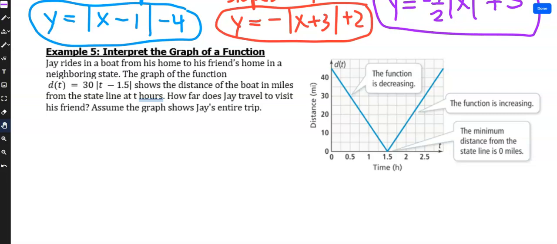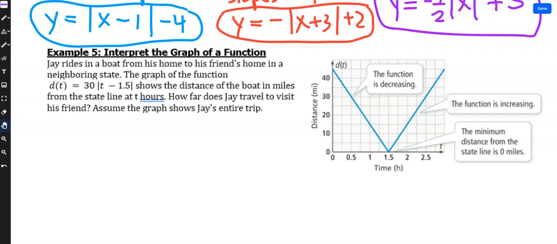In the picture, you can see that it's decreasing on the left side and increasing on the right side, past 1.5. Well, looks like Jay traveled an hour and a half to get to his friend's house, but then he traveled an hour and a half home.